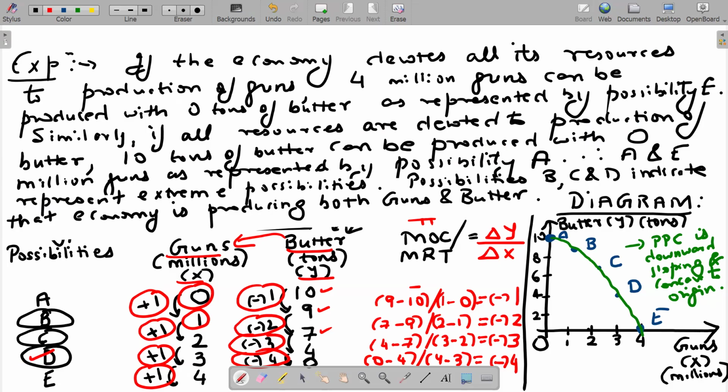Okay, so hoping students have understood this, now I'm writing the reasons. Why is the production possibility curve downward sloping, and why is it concave to the origin?